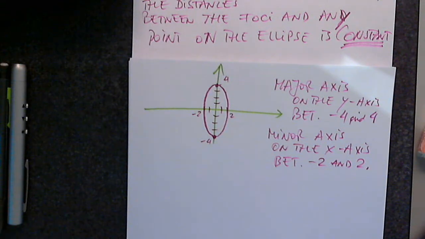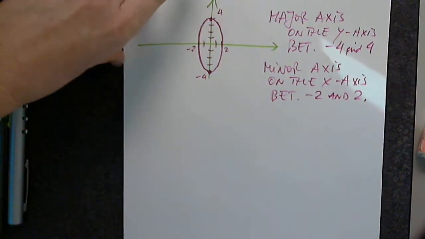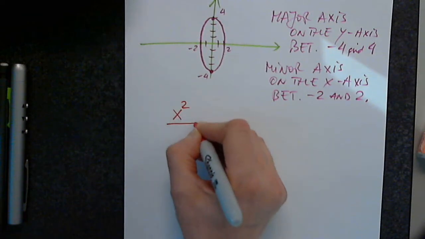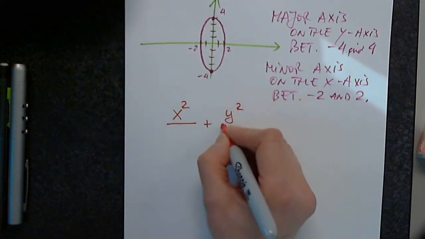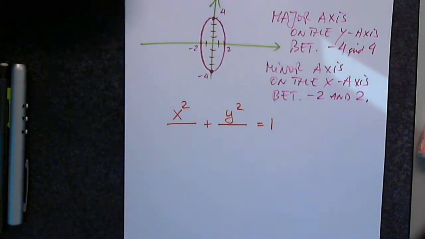Now let's write the equation of this ellipse. And here it is: x squared, y squared, we'll fill in the rest together.